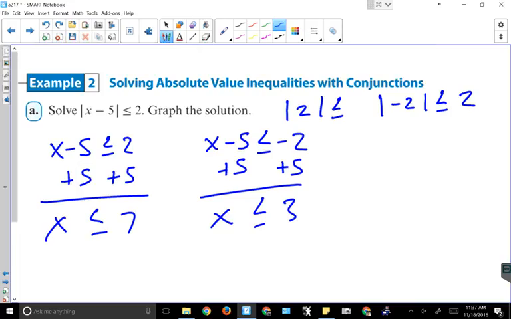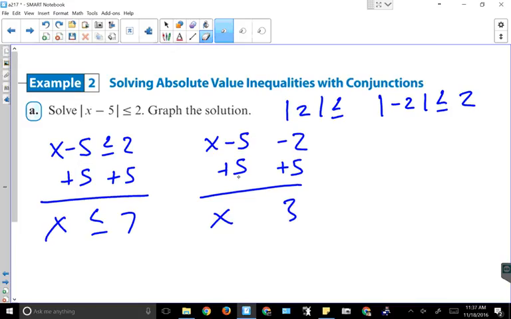Now, remember that bit when we were dealing with a negative and inequalities, we had to flip things around? We have to do the same thing here. My positive 2 works like a charm. This is the one that doesn't work. So what I need to do is flip it around, because I got the negative 2 here.